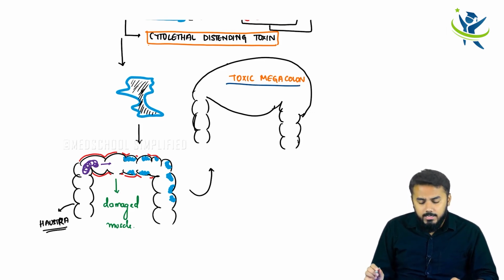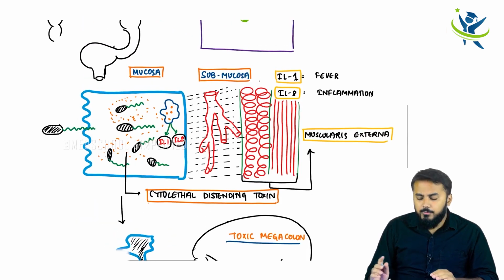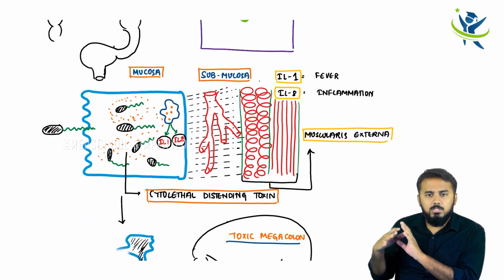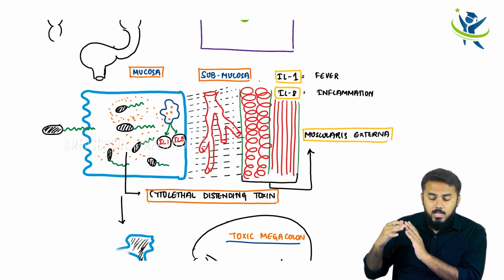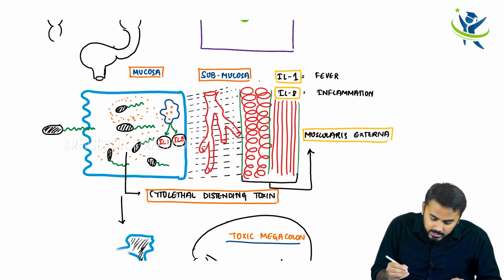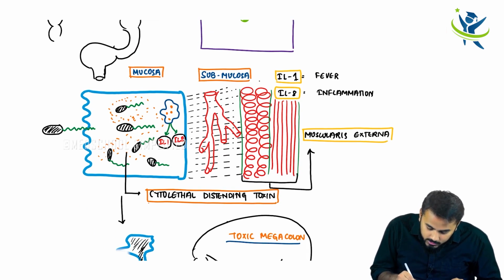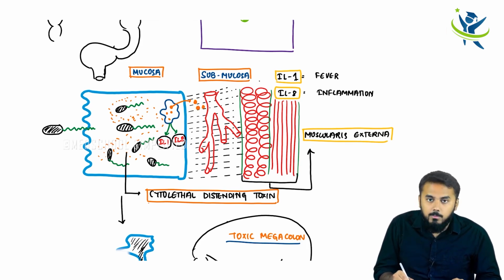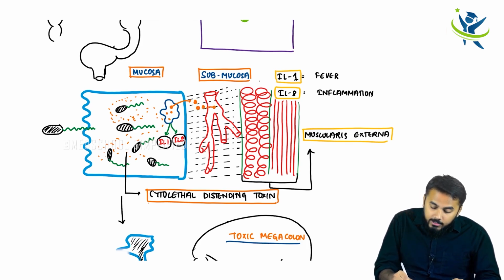Next thing that can happen, guys: toxic megacolon happens when the muscle layer is damaged. But before that you have the submucosa, right? By chance, if these toxins enter into the submucosa layer like this, from the submucosa you have blood vessels, so they will even enter into the blood vessels.